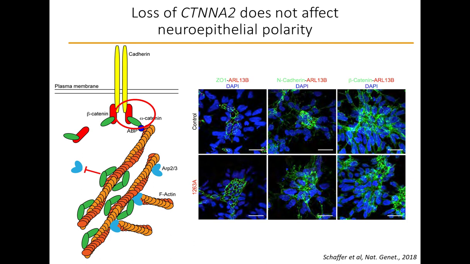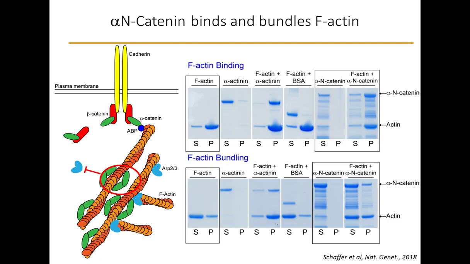In addition, the rosettes showed asymmetrically localized primary cilia at the apical surface. Together, these results suggest that alpha-catenin does not adversely affect neural epithelial polarity or integrity in culture. So the last thing we wanted to check was whether alpha-N-Catenin played a role in actin regulation.